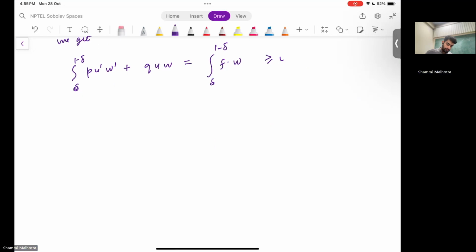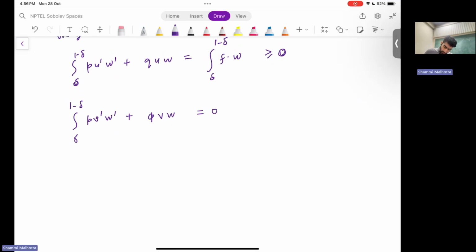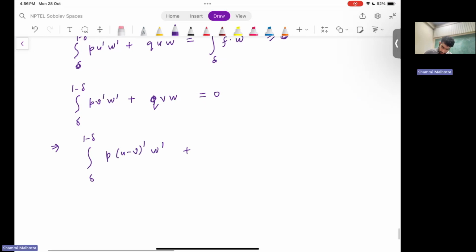And also we have this integration delta to 1 minus delta of p v dash w dash plus q v w equals 0, and taking the difference, we reduce delta to 1 minus delta p into u minus v whole dash w dash plus q into u minus v into w has to be greater than or equal to 0.